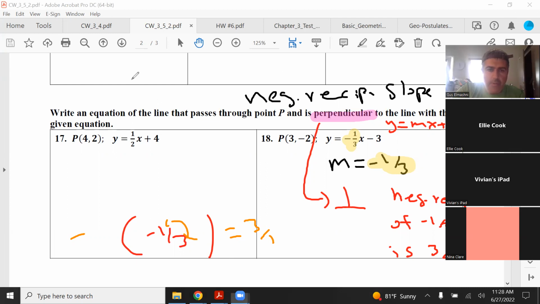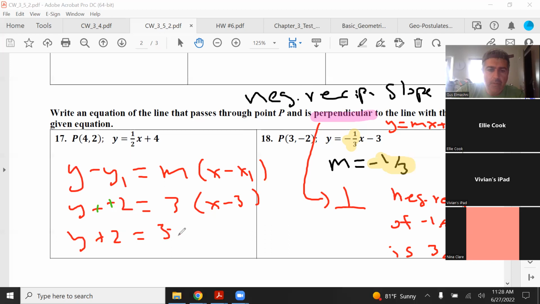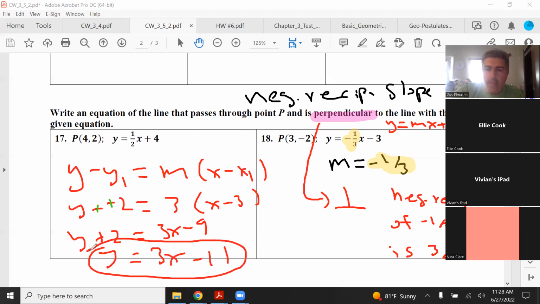Let me erase this part because I don't think we really need it. And so then if I use point-slope form, y minus y1 equals m times x minus x1, so y minus (negative 2) equals 3(x minus 3). And there's your equation.